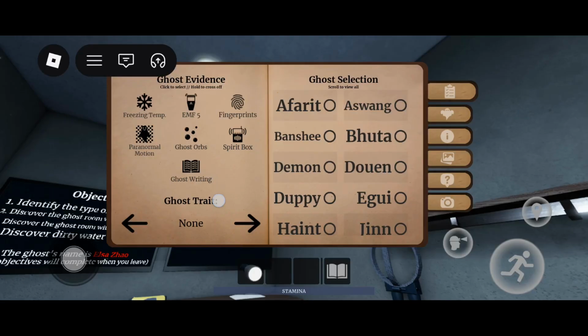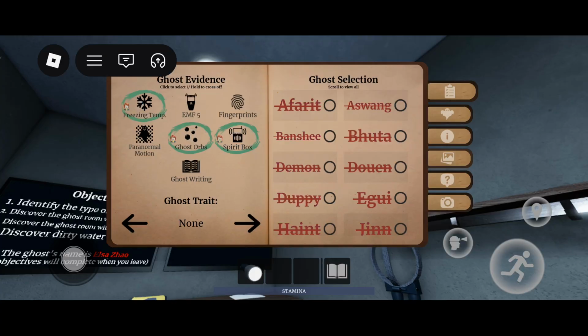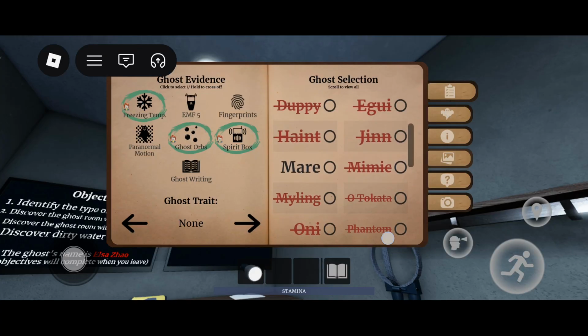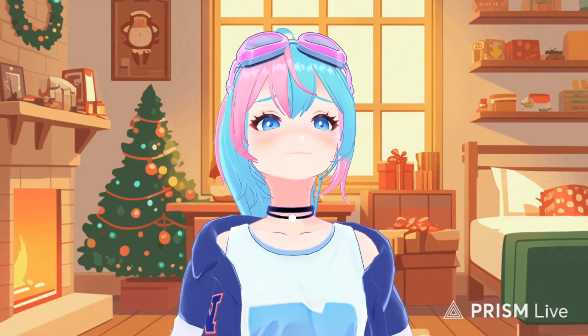Here you can select the trait if you have already figured it out, which Amy is gonna talk about later in the video. You can select the correct ghost type on the right page of the journal, and then you can end the round because you have identified the correct ghost. So there's no need for further investigation. That's it about the objective.